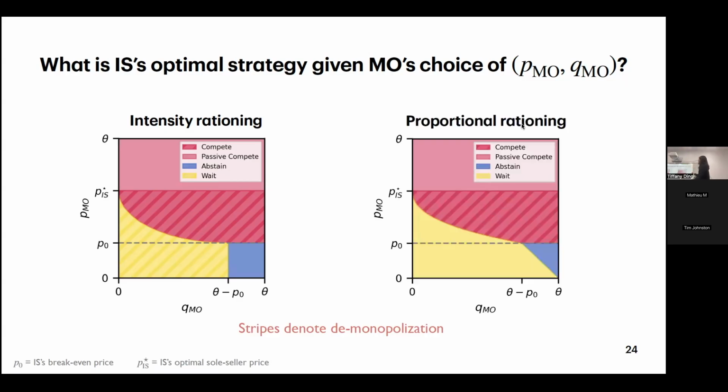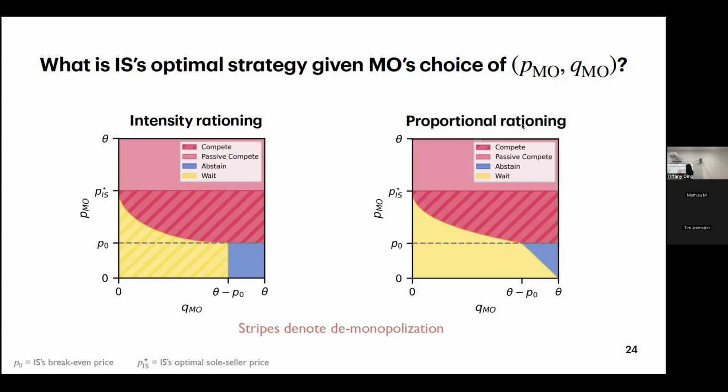And here's the similar plot under proportional rationing. So the main things that have changed are the square is now a triangle. So the independent seller abstains less, which makes sense because the proportional rationing assumption is more favorable for the higher priced seller. And this curve is slightly shifted upwards.